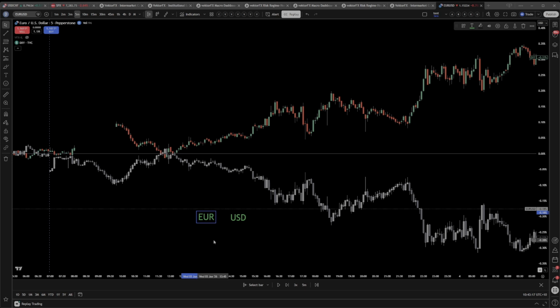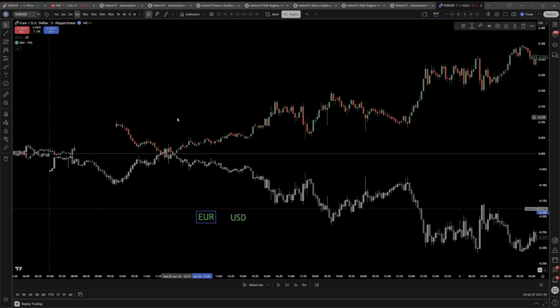So when the US dollar is strong or stronger than the euro, we would expect price to go down. And when the US dollar is weaker than the euro, we expect price to go up for the Euro US dollar currency pair.